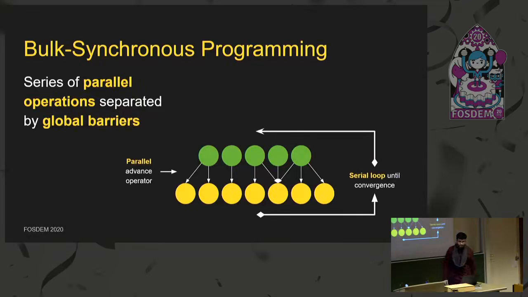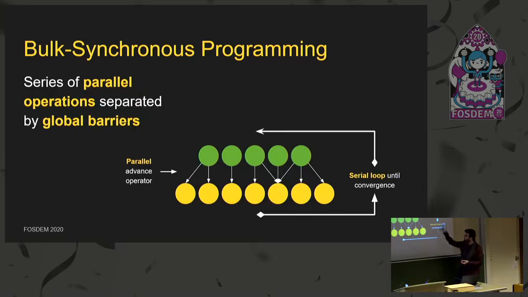So what is the bulk synchronous programming side of things? The operators in themselves are highly parallel, and they run on GPU. How you write algorithms is you couple these operators together in a bulk synchronous way. So this is one operator. You might have another one after that, and another one after that, and so on.